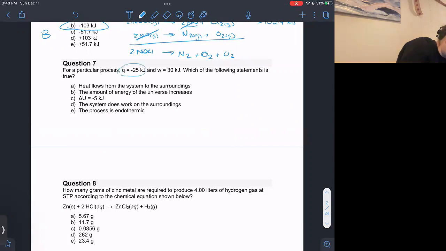So first looking at Q, when Q is negative, I know that heat is flowing from the system to the surroundings. And when W is equal to 30 kilojoules, I know that work is being done on the system by the surroundings.